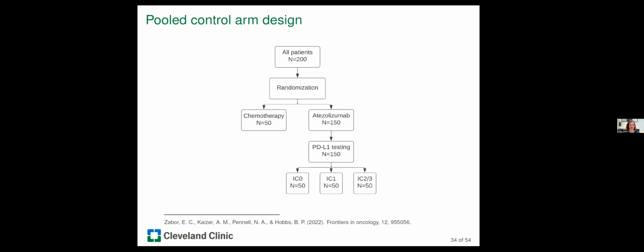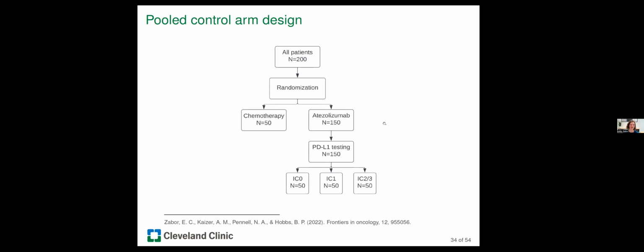So I proposed 3 different randomized trial designs, and I'll go through each of them and then show some simulation results of how these all performed. So the first I'm calling the pooled control arm design. In this design, we enroll all patients and then randomize them to either the chemotherapy or treatment arm in a 1-to-3 ratio.